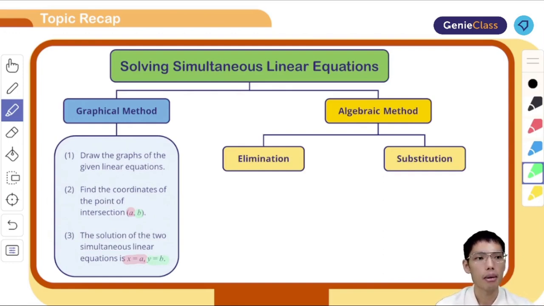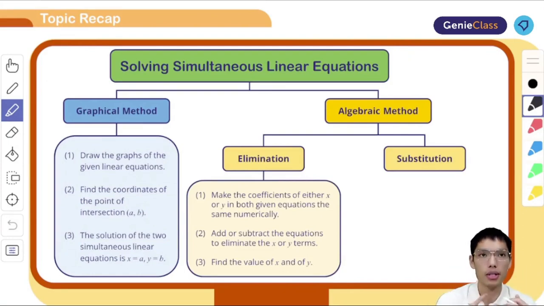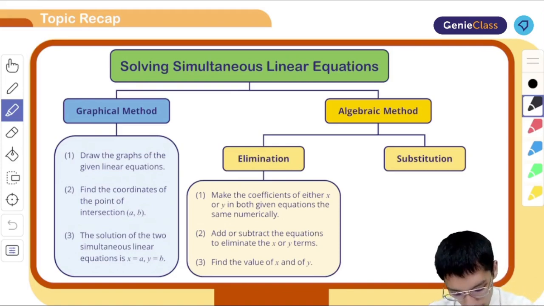But next up, if you are doing it algebraically, which is usually the case over here, what are the ways to solve it? First way, elimination. That means we are eliminating certain terms. Both methods are okay, or if you prefer one of them, it's also fine. But usually we will perform elimination if it happens in a particular manner.